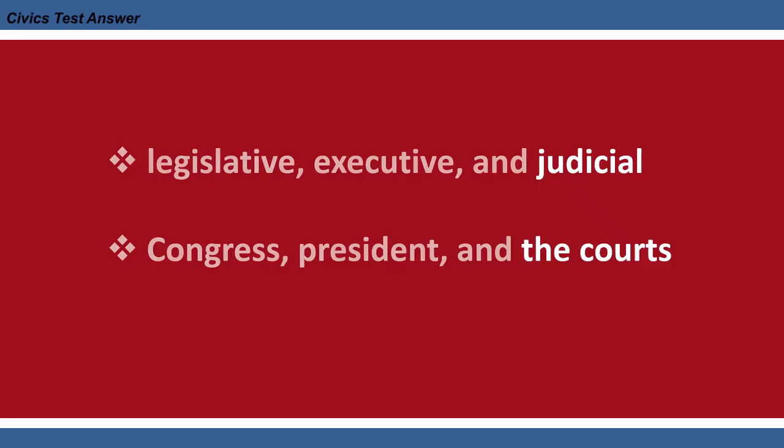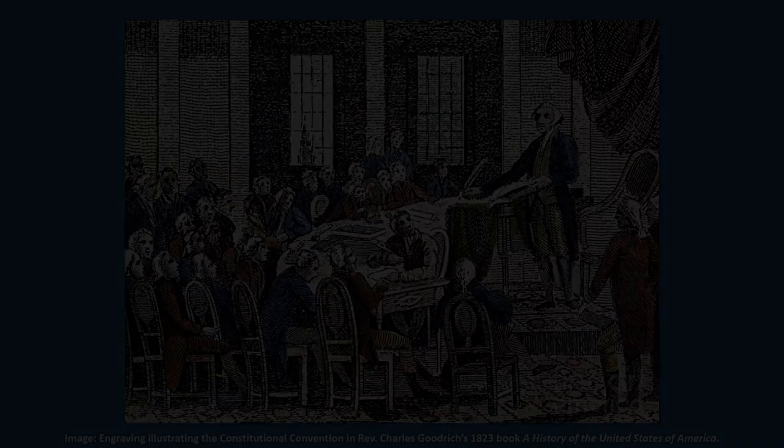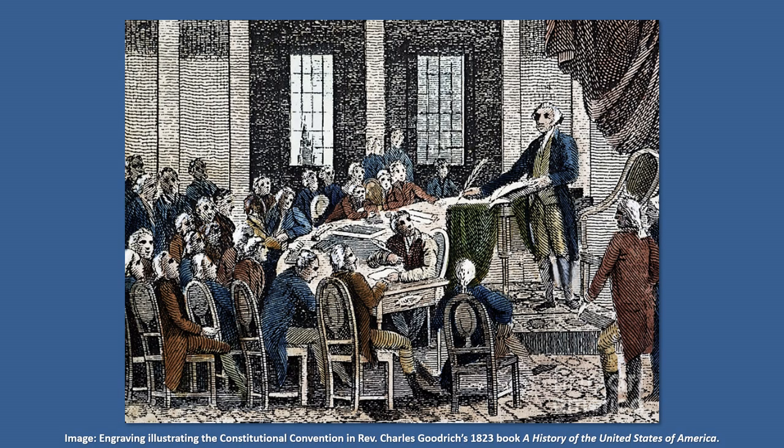Each of the three branches, the legislative, the executive, and the judicial, plays a unique and essential role in U.S. government. Each branch of government has different powers, or things it can do.